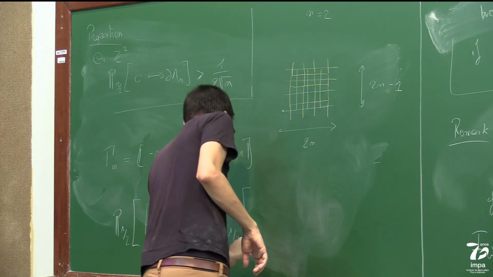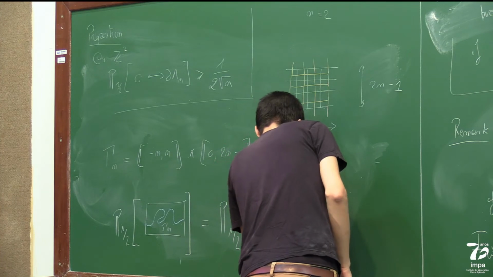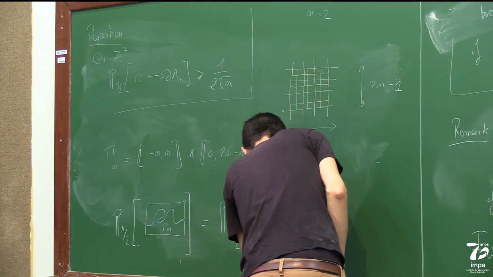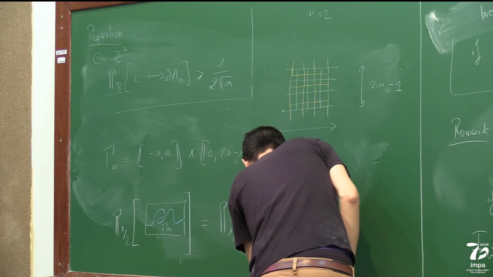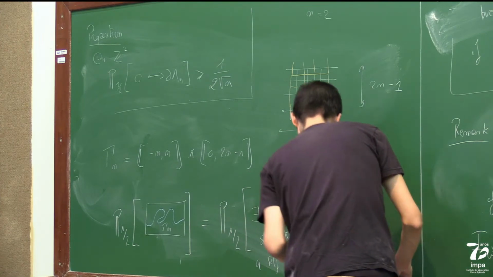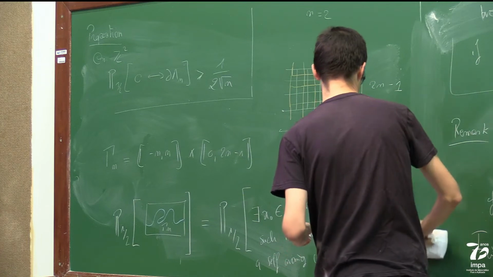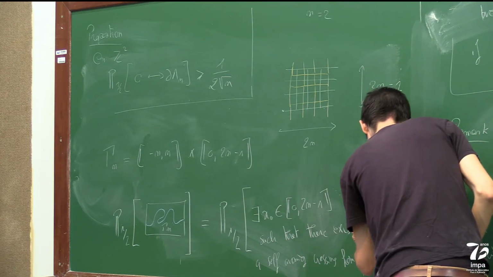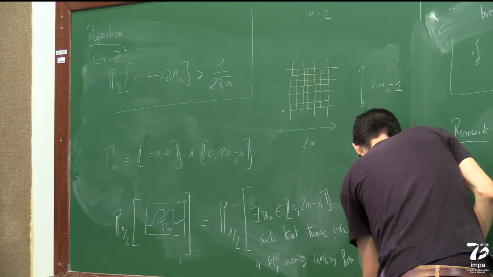It's equal to the probability that there exists x0 in 0 to n minus 1 such that there exists a self-avoiding crossing from left to right going through x0.